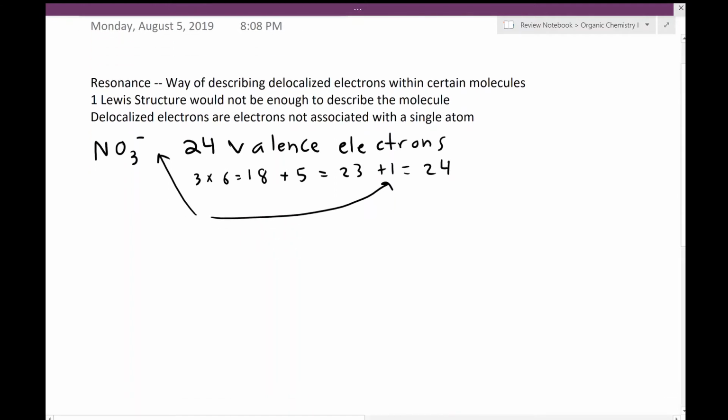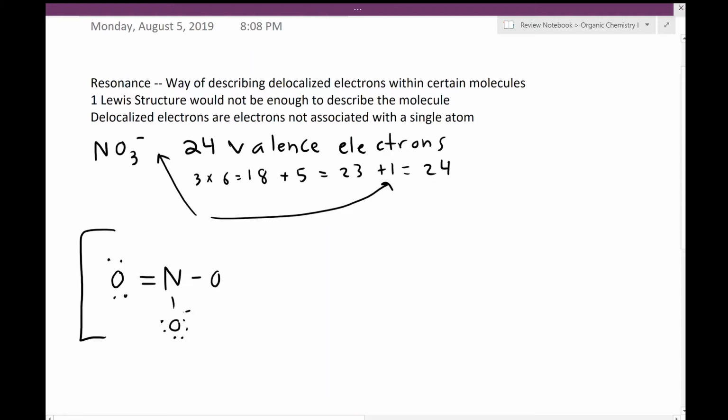So, starting off, we know we have nitrogen in the middle, and then we're going to have 3 oxygens. Nitrogen needs 8 in its octet, so we need a double bond on this oxygen. Just filling everything out.